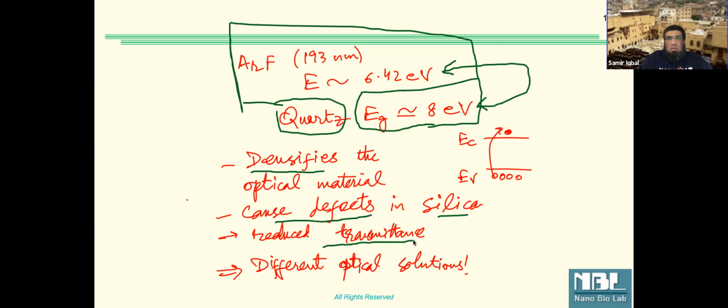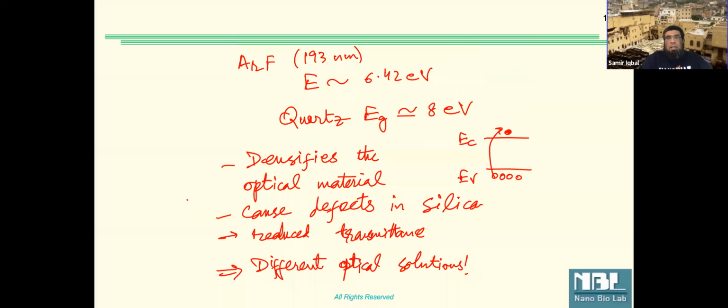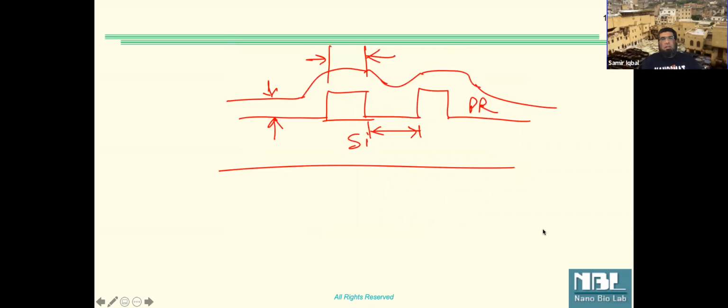The transmittance goes down, right? So now the light cannot even go through. So we have to find other solutions to deal with that situation. Hence, it's not always possible to keep on pushing the wavelength down to make smaller features and have good depth of focus, and make many things smaller and smaller and close to each other.